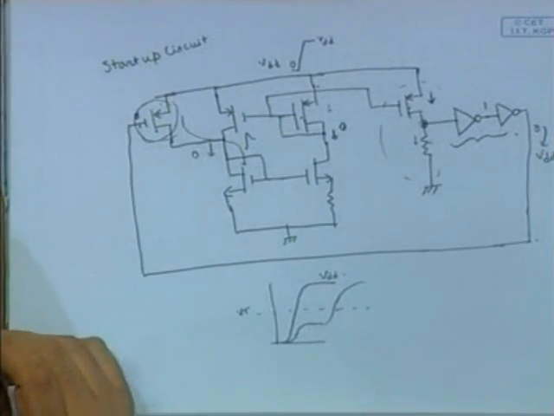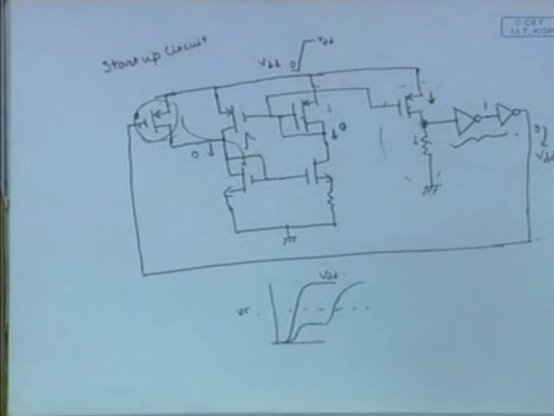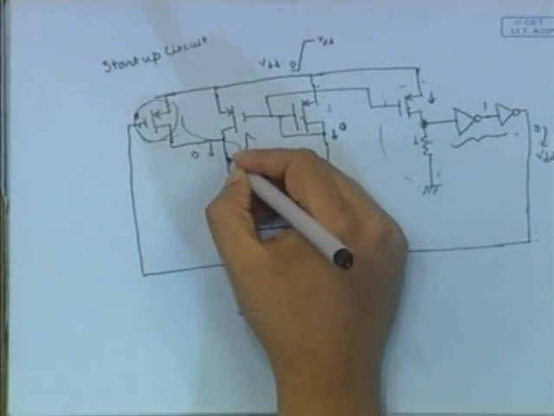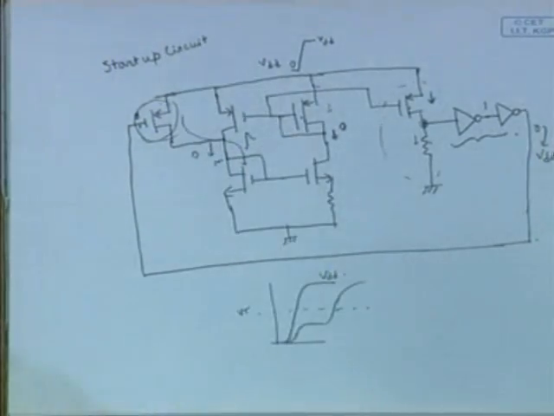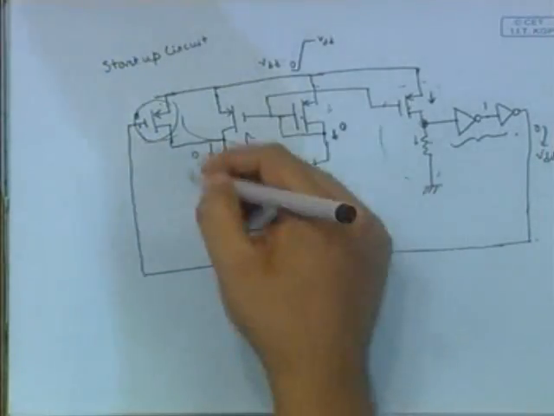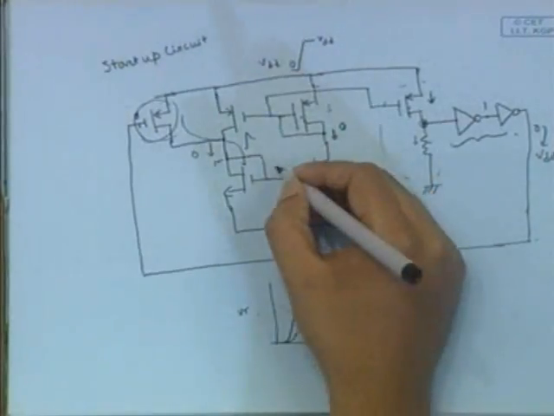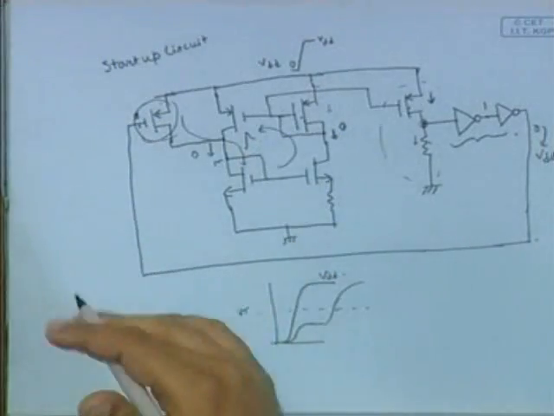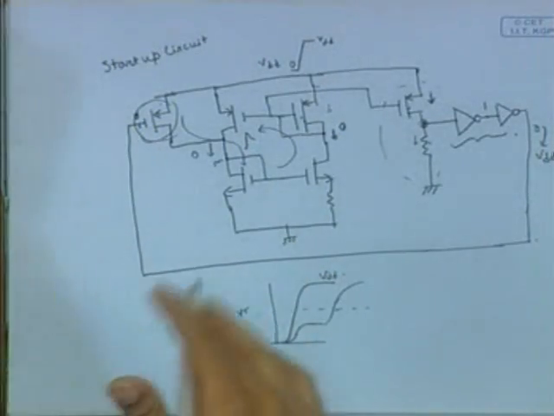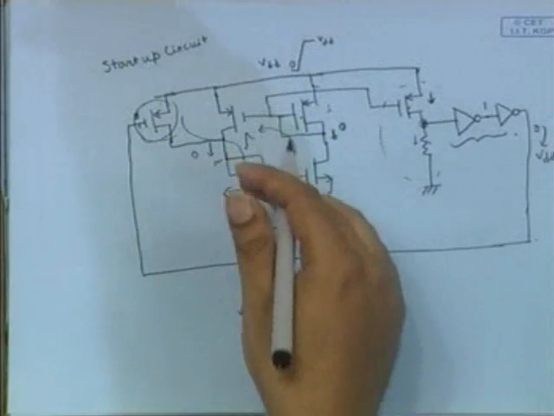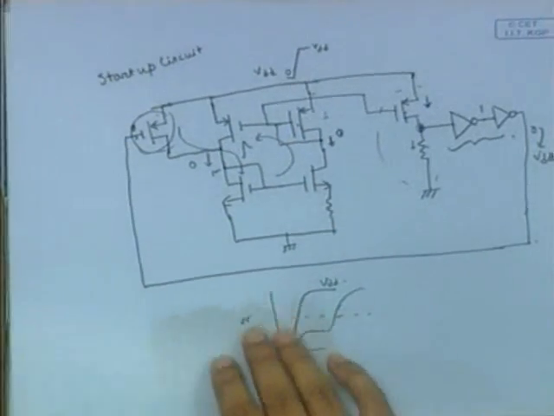Next thing is, is the loop stable at all? That is, if some amount of perturbation exists here, does it circulate through this loop in a regenerative way? That is, we have to analyze whether this loop is stable or not.